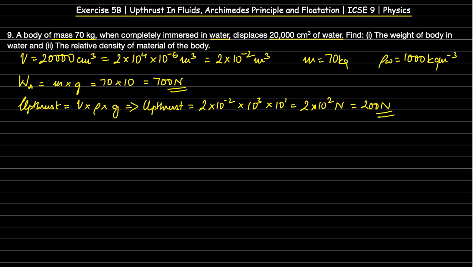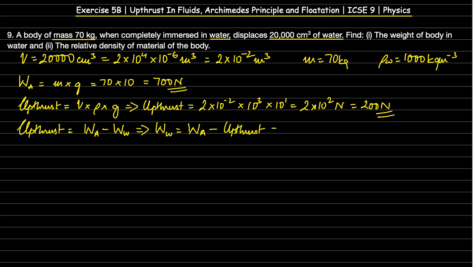Now we need to find the weight of the body in water. So for finding weight of the body in water, we will be using another formula for upthrust, that happens to be upthrust is equal to weight in air minus weight in water. So weight in water will be equal to weight in air minus upthrust.